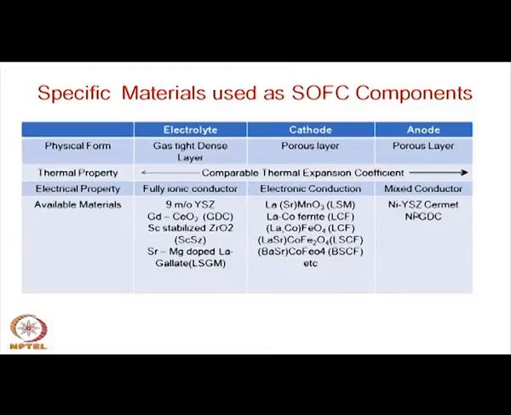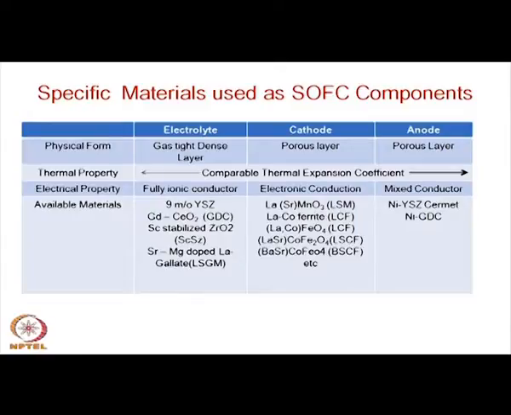So, we need electronic conductivity, which nickel or the metal provides, and to reduce the thermal expansion coefficient, one mixes the electrolyte also with that. But obviously, nickel has a much higher electrical conductivity than YSZ, so the overall conductivity gets reduced.